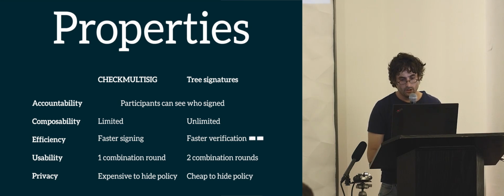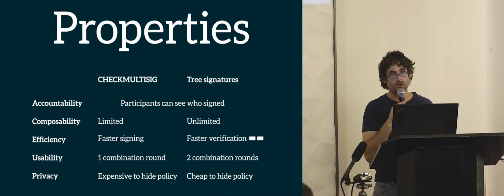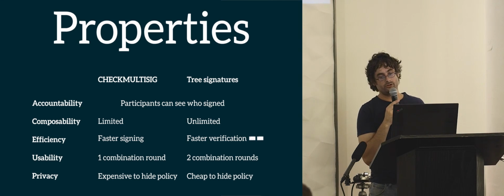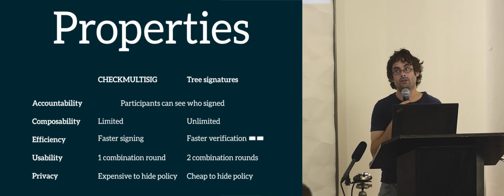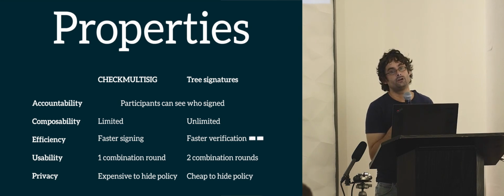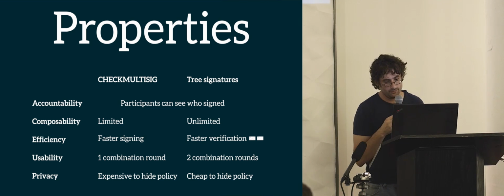So then there's the usability. It's similar, except tree signatures have 2 combination rounds due to the requirement that people first publish their Schnorr nonces and then combine them together, sign and combine again.